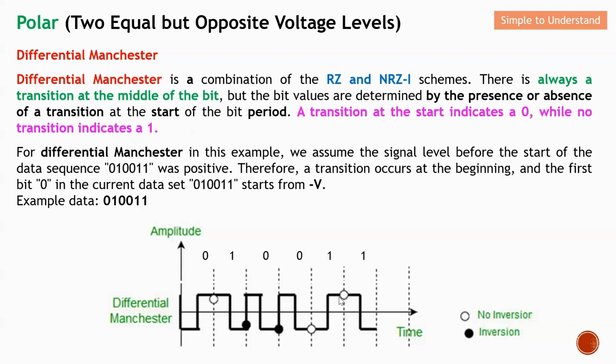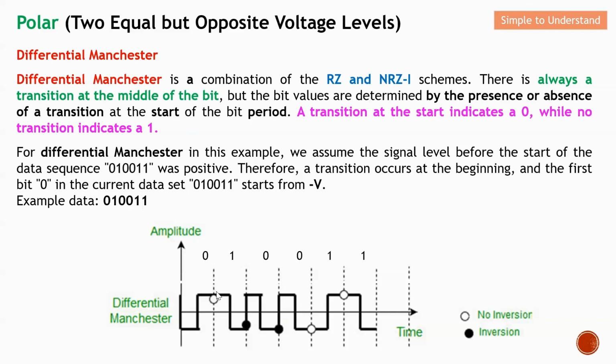You can see that I have indicated no inversion or inversion, meaning whether there will be a transition or not. If the next bit is 0, I'm going to have a transition, as you can see from here. If my next bit is equal to 1, I won't have any transition, as you can see from here. Next bit is equal to 0, and you can see that I will have some form of transition, etc. With this, you can imagine why it is better in terms of noise immunity as compared to Manchester.